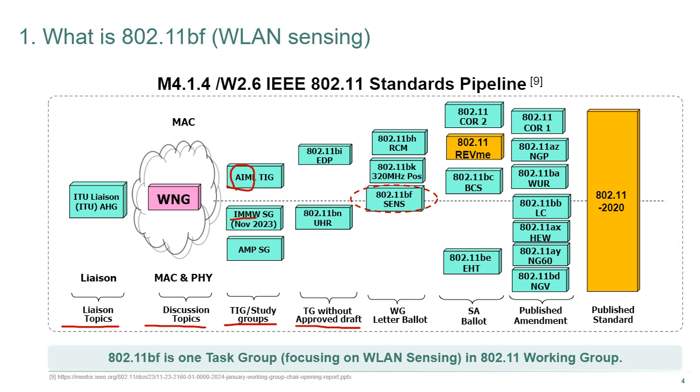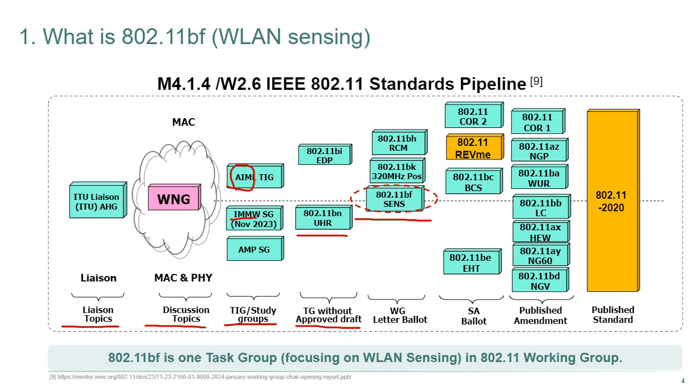We can see here a very major task group is 11bn. If I call it by another name, you may be familiar: it's Wi-Fi 8. I use a red circle to highlight the project we are doing, 11bf, whose nickname is Sense.